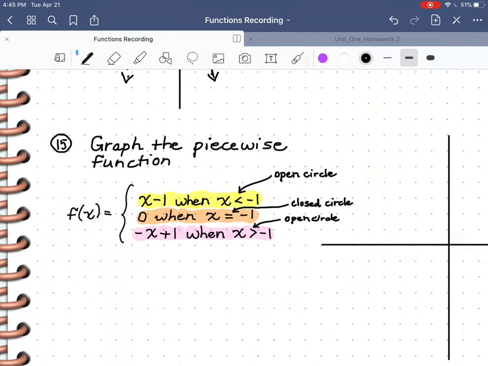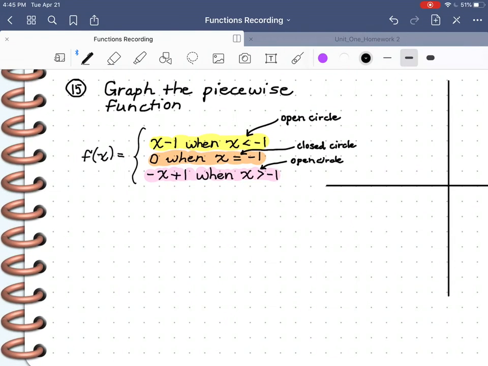Okay? So first I'm going to focus on the first piece of the function, which looks like this. F of x equals x minus 1 when our x values are less than negative 1. So I'm going to make my xy table, and I know that my x's need to be lower than negative 1, so I'm going to use negative 2 and negative 3, just because those are the next two after negative 1.